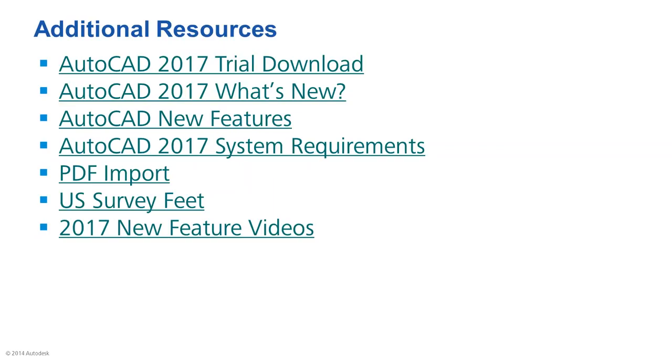Basically, all you have to do is make sure that you have a full path to the PDF file. If you have a relative path, it won't work. But there's an article that talks about that. And I mentioned that I put a link into what a U.S. survey foot is. And the last one there is a link to all the videos that my colleague Heidi put together showing a lot of these new features. So if you want to kind of step through any of those individually instead of going through the whole recording of the webinar, you can do that.